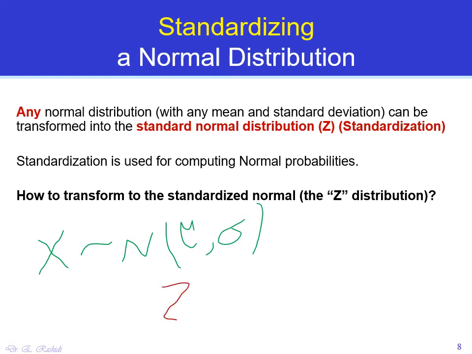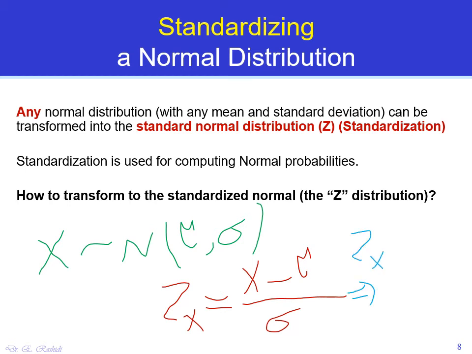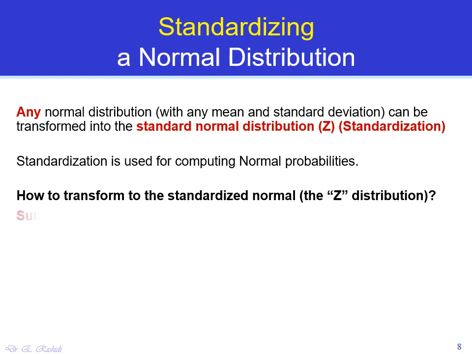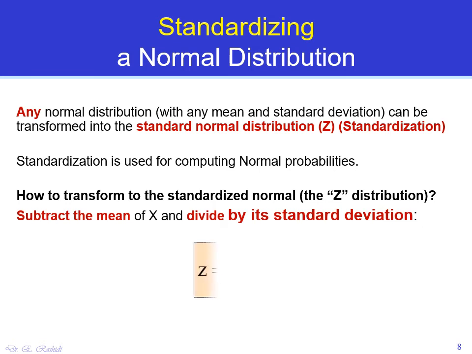If we take the z-score of x, which is x minus the average divided by the standard deviation, then z would follow a standardized normal distribution, that is, a normal distribution with an average of 0 and a standard deviation of 1. So the z values for all the x's follow a standardized normal distribution. That's why it's called a z distribution.